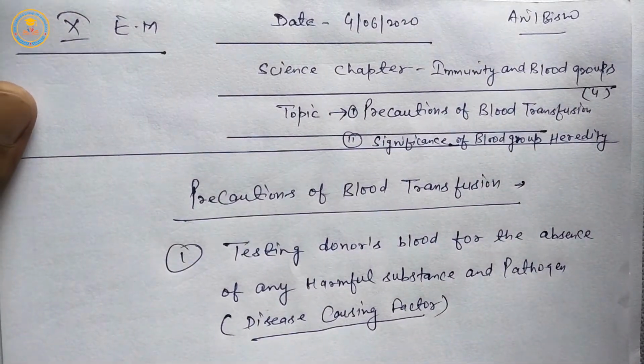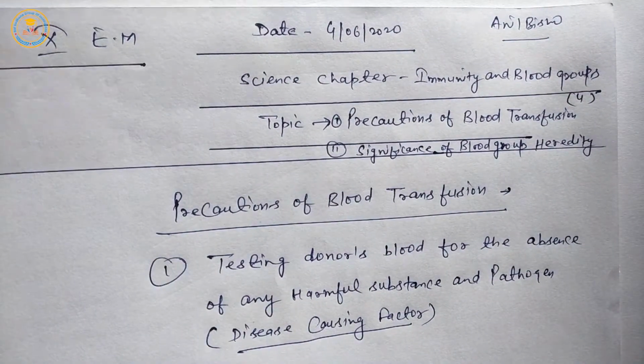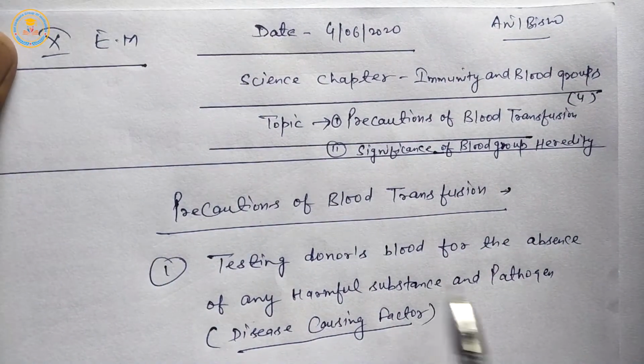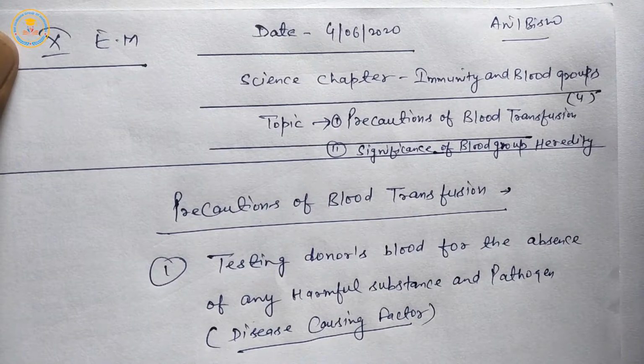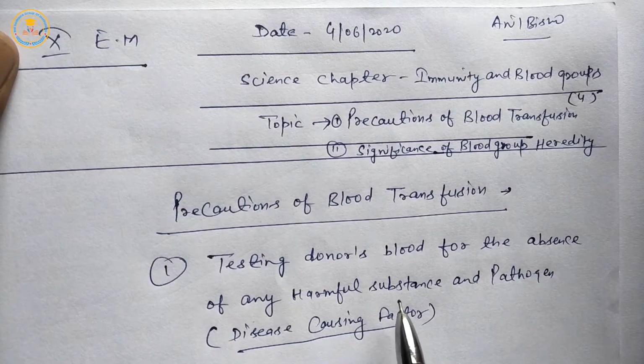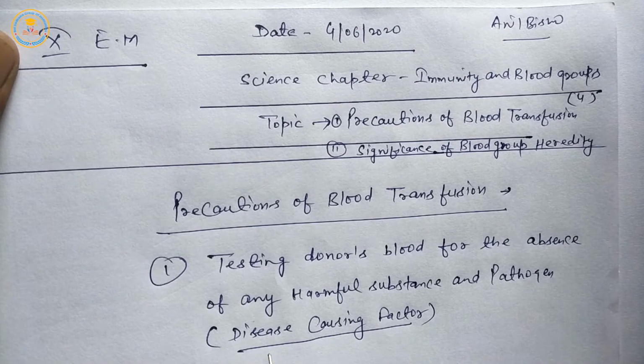Once again, first precaution is testing of donor's blood for the absence of any harmful substance and pathogens. Pathogen means disease causing factors.